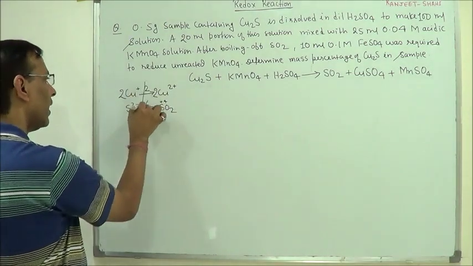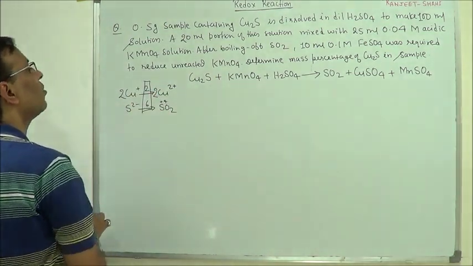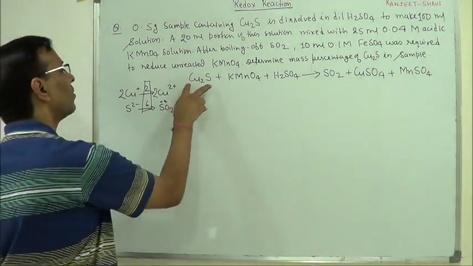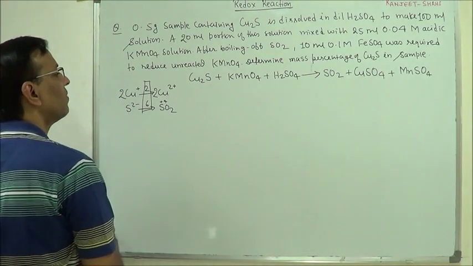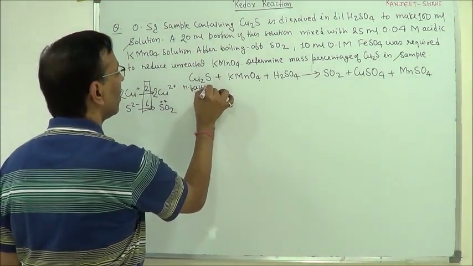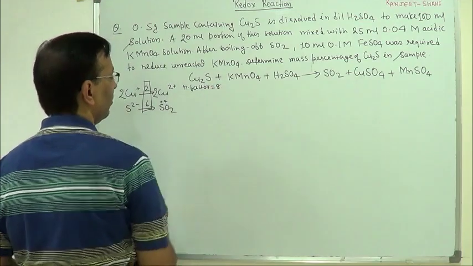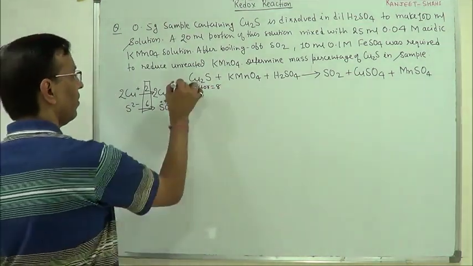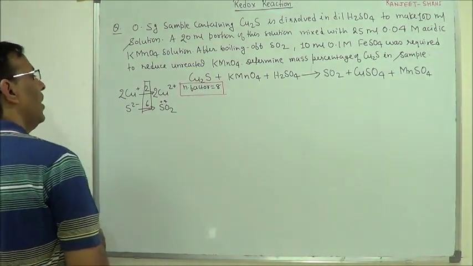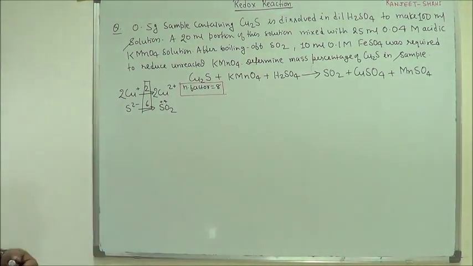So a total of 8 units of change is occurring in oxidation number for 1 cuprous sulfide. So its N factor is 8. This is the important part of this question. So the N factor is 8 for cuprous sulfide.